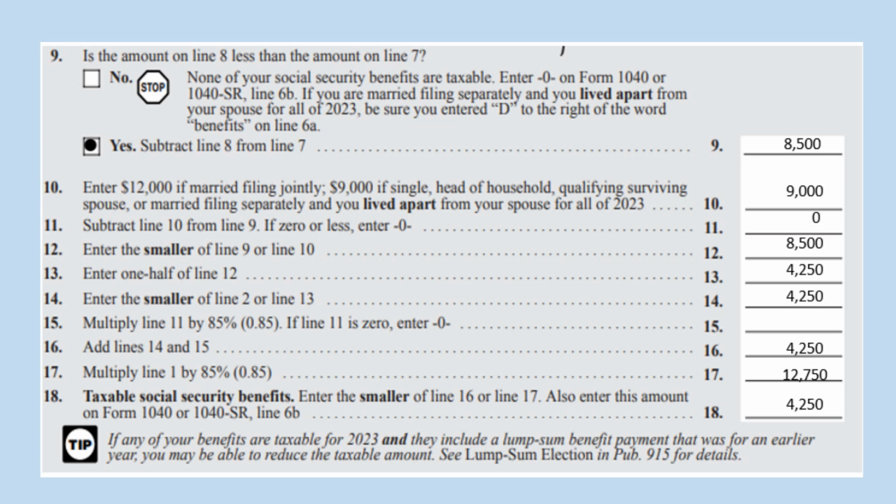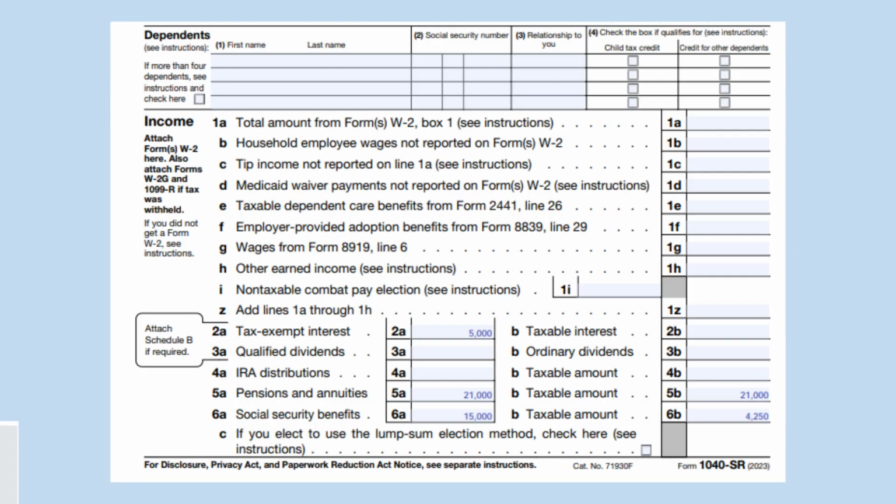On line 16, we will add lines 14 and 15 together to arrive at $4,250. On line 17, we will multiply line 1 by 85%, which is $12,750. Your taxable Social Security benefits are the smaller of lines 16 or 17, which is $4,250. You will enter this on line 6B of your Form 1040 SR.